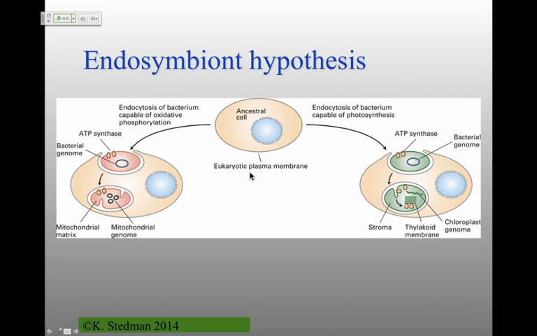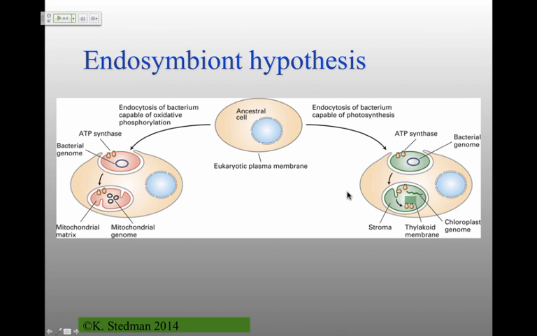So what seems to have happened, probably literally billions of years ago, is that there was an ancestral cell which picked up a bacterium, probably through some kind of endocytosis. That bacterium then became a mitochondria. In other cases, and this has probably happened later, there was a photosynthetic bacterium that got picked up by this ancestral cell.